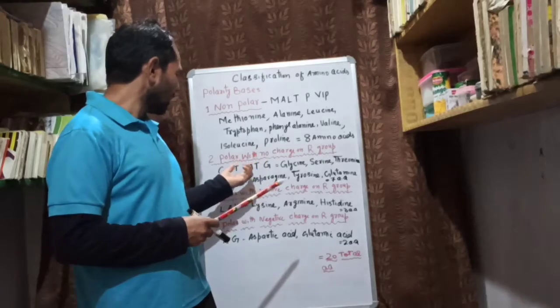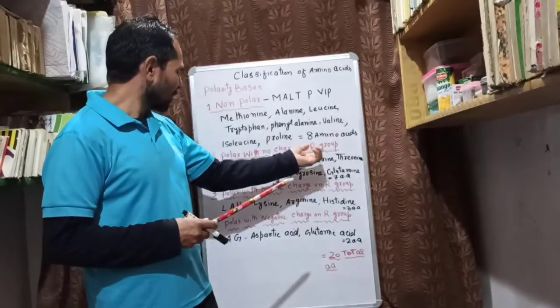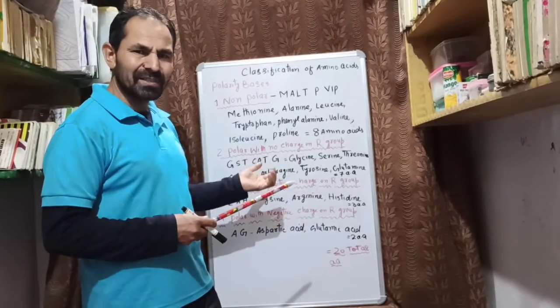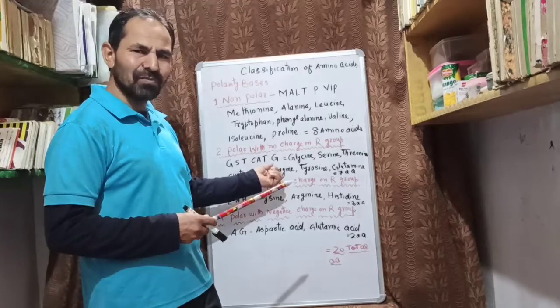Second formula, for the polar with no charge on R group, I have designed it as GST CAT-G, a simple formula.